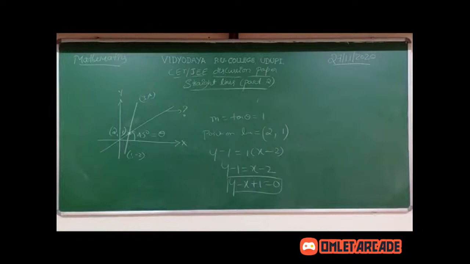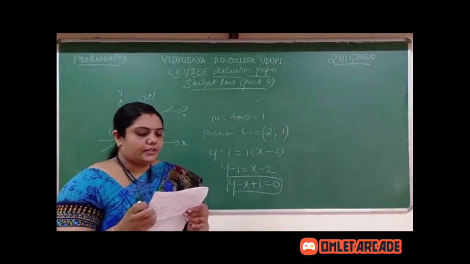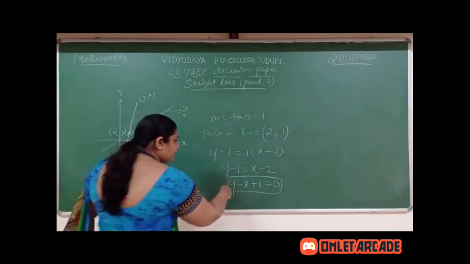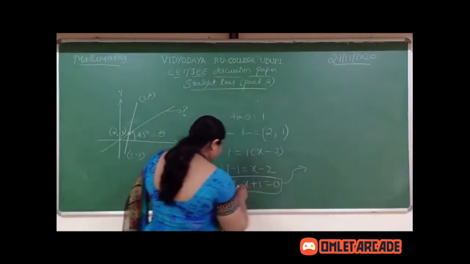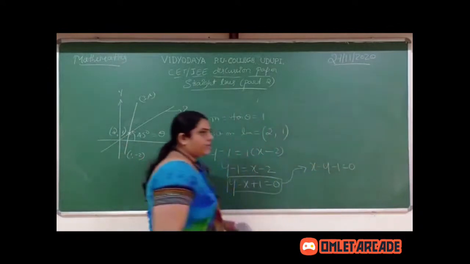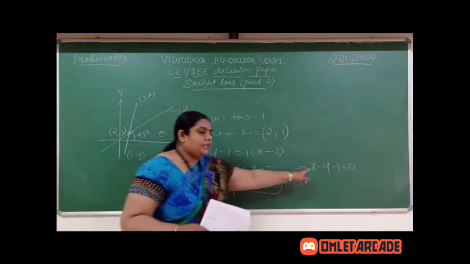So, y minus x plus 1. I mean, here in the options, all the options are in terms of x first. Can I convert this into x form first? I mean, is it x minus y minus 1 is equal to 0? Did you get this?